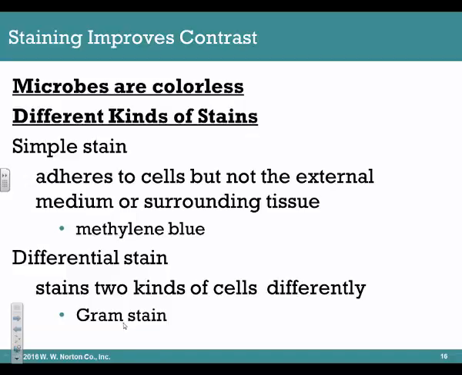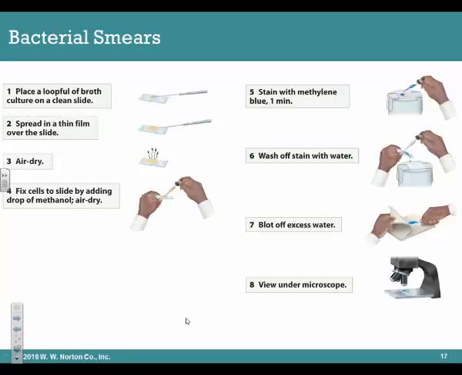The gram-negative will appear red, while the gram-positive will appear purple. And those are based on differences in their cell wall structure, so fundamental differences in their structure, which also reflects their susceptibility to antibiotic drugs.